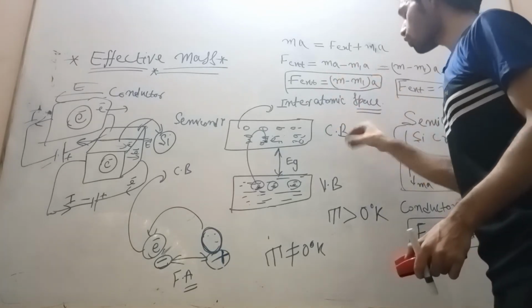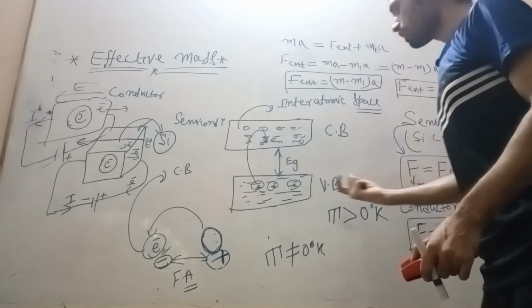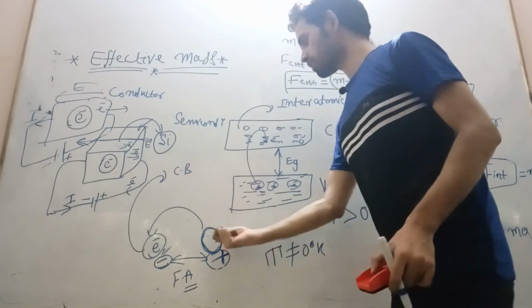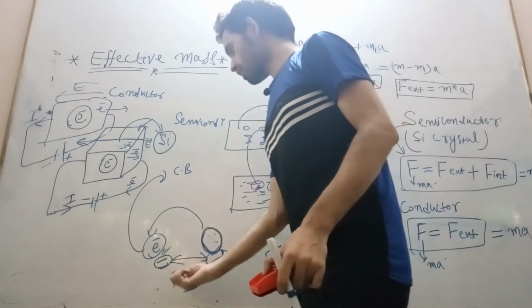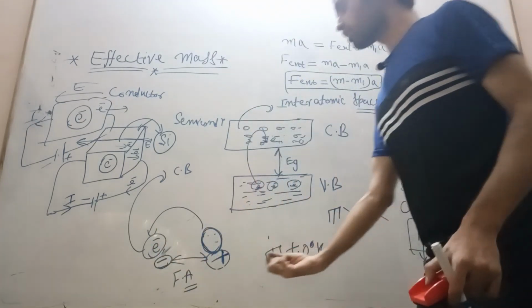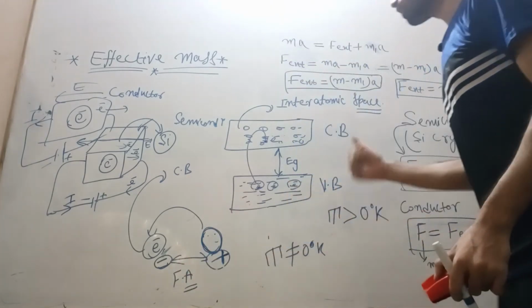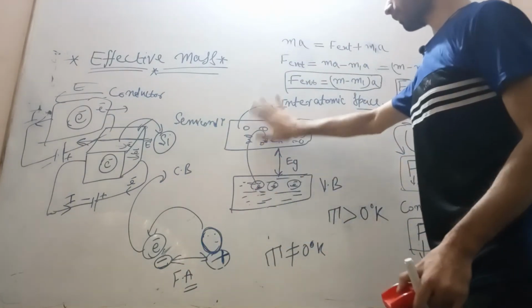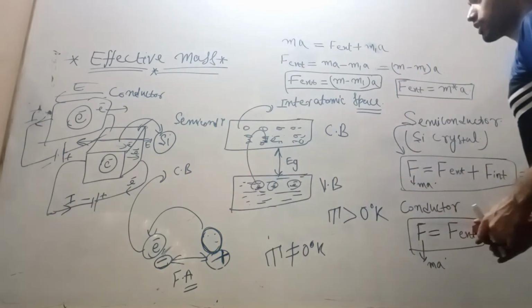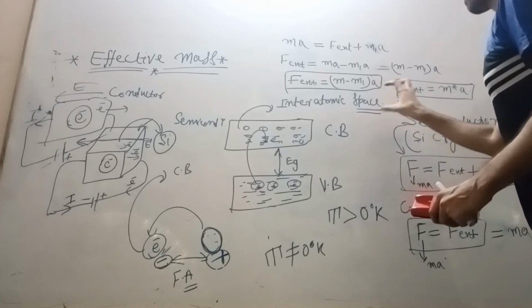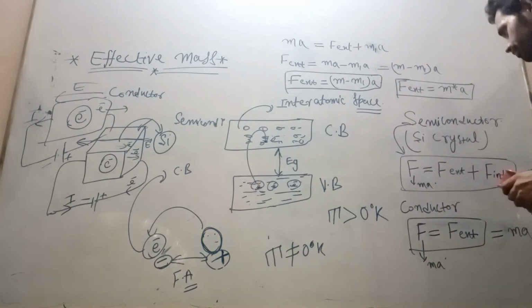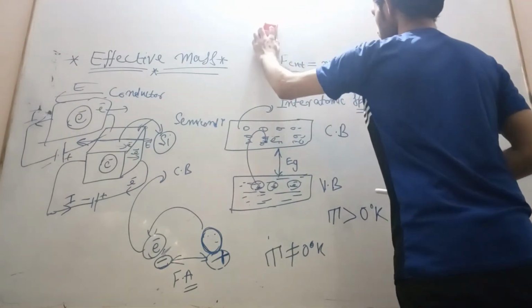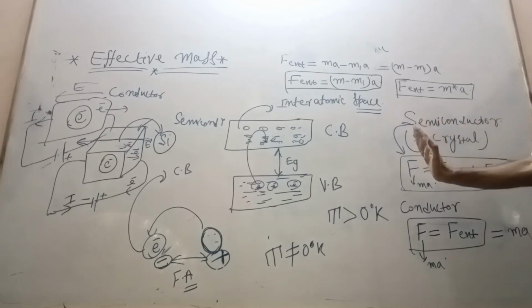That force is nothing but the electrostatic force of attraction, formed between the positively charged ion, or proton, and the negatively charged electron. So between these there is an electrostatic force of attraction, because of this inside the valence band. So this is what the effective mass inside the semiconductor crystal is. You can note this down completely first, and after that we will go further.